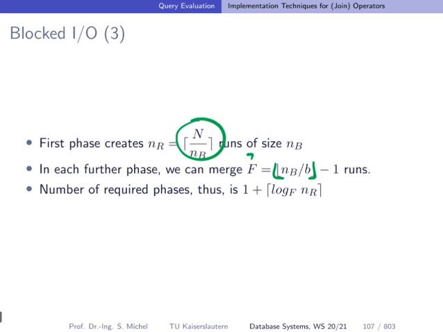So this here is different. It's smaller than in the initial external sort. So if we look at the number of required phases, this F matters then. So it's different than in the previous one. So this of course causes that we have more of these merge phases, right? But again, the idea here should be clear why we introduced blocked I/O.